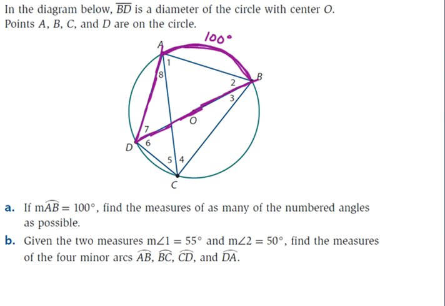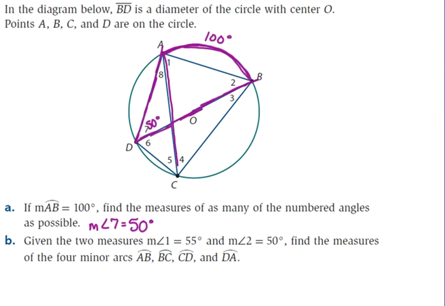So in this case, we're looking at angle 7. If arc AB is 100 degrees, then angle 7 is 50 degrees. Okay, angle 7 is 50 degrees right here. Is there another angle that intercepts that arc? Angle 4.